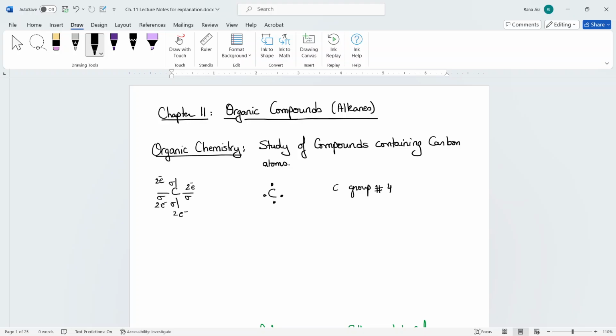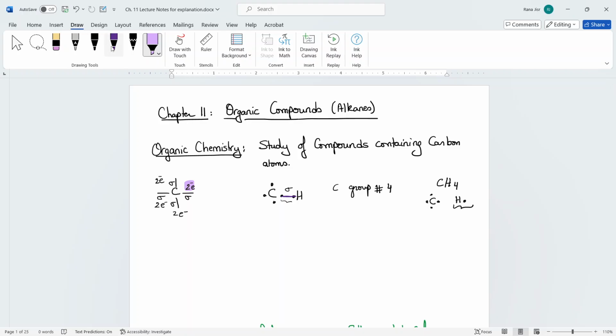So let's say, for example, if I want to draw the Lewis structure for CH4, I know that carbon has 4 valence electrons, and I know that hydrogen has 1 valence electron. I have 4 of those. Each of the electrons of the hydrogen is going to bond with an electron of the carbon, and it's going to make a sigma bond. And this is why we said that a sigma bond constitutes 2 electrons.